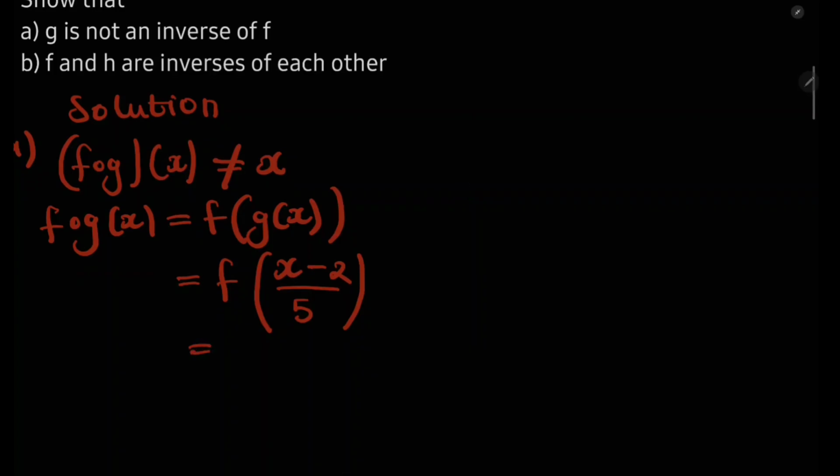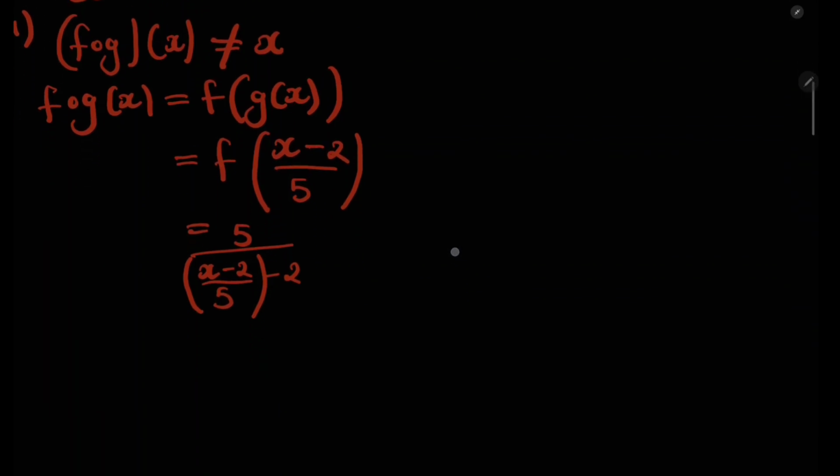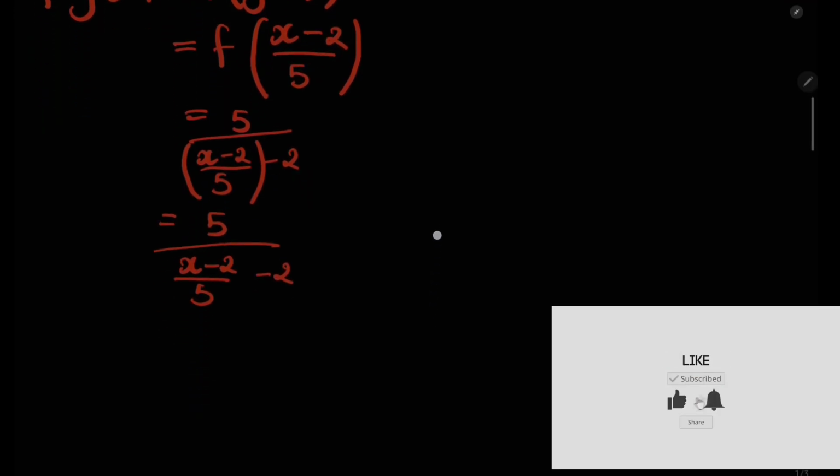So here we have 5 on x minus 2 on 5, minus 2. Now we need to simplify this.